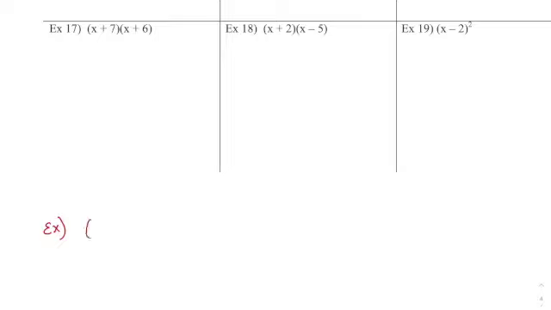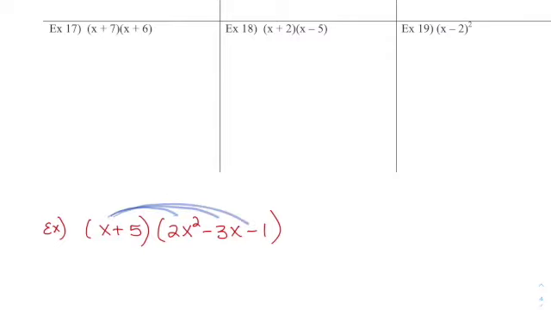I would like to show you a problem: x plus 5 times 2x to the second minus 3x minus 1. When you have things like this, you need to make sure to know how to distribute. And in this case, it's just the first term times everybody else in the second factor. And you take the very second term times everybody else in the next one.